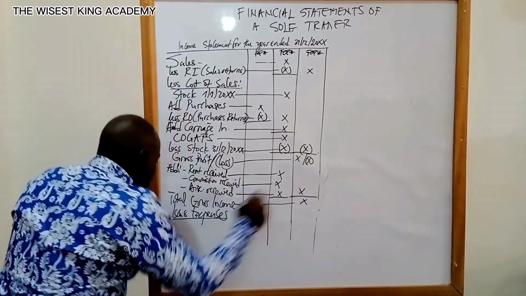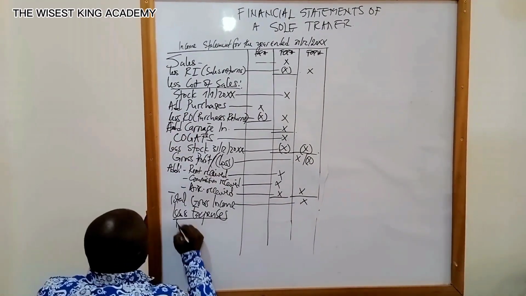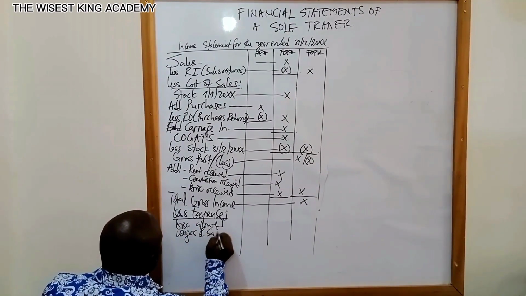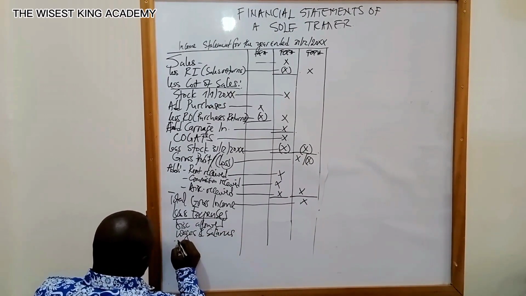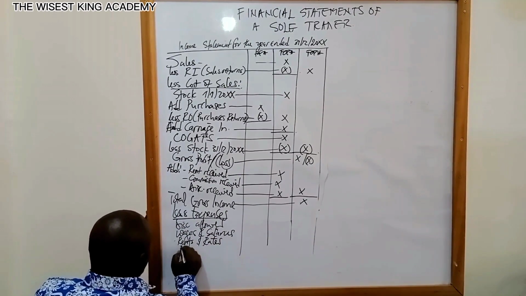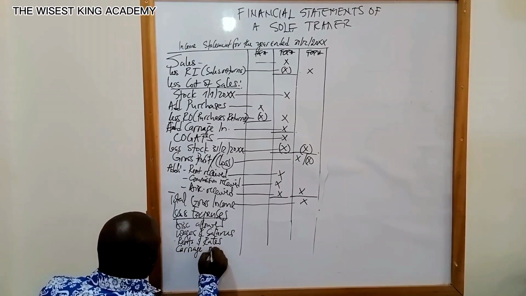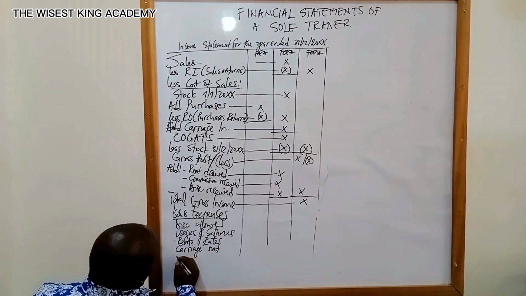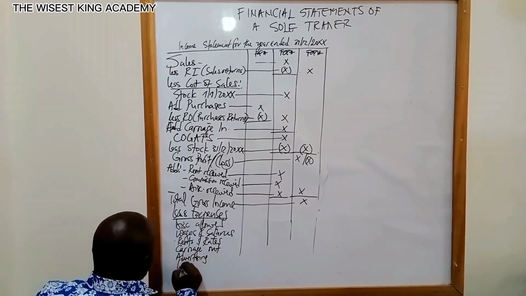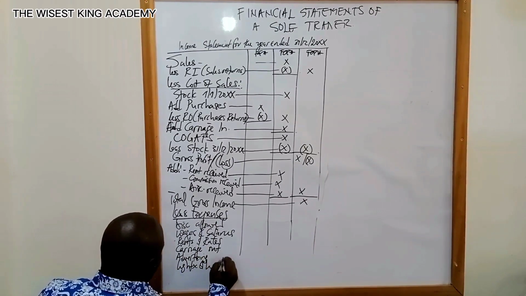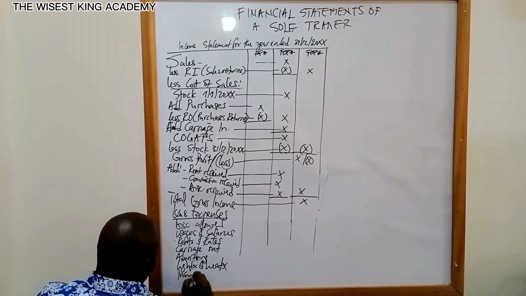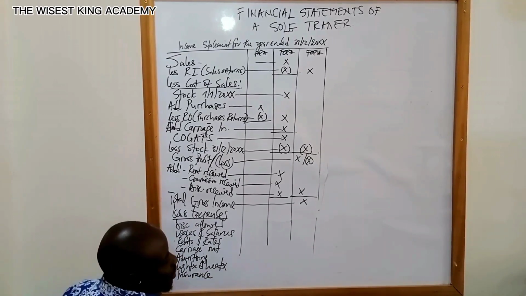Less expenses. Expenses, we have stuff like discounts allowed, wages and salaries, rents and rates, carriage outwards, advertising, lighting and heating, insurance, postage and stationery.